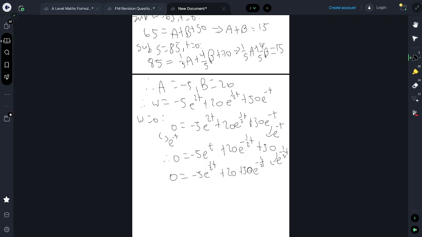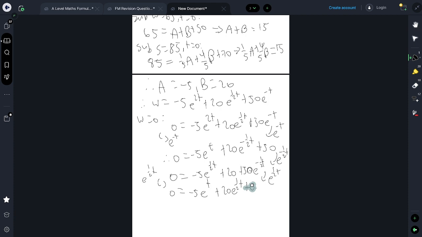Well, actually, we're in a much better position now because they're just opposites, right? So now, let's again times by e to the half t, and then you get 0 is minus 5e to the t again, plus 20e to the half t, so not minus half, now we've got half t, plus 50.